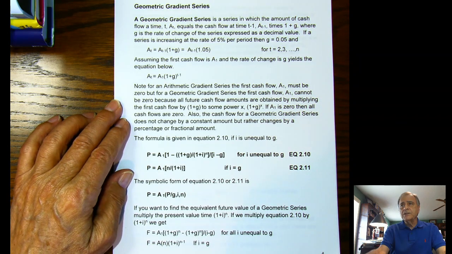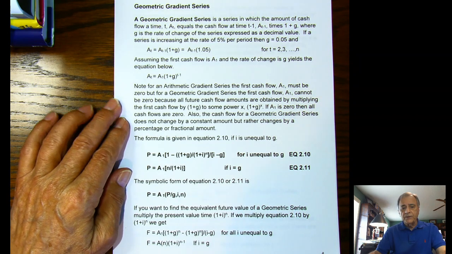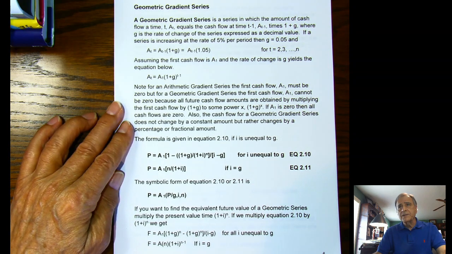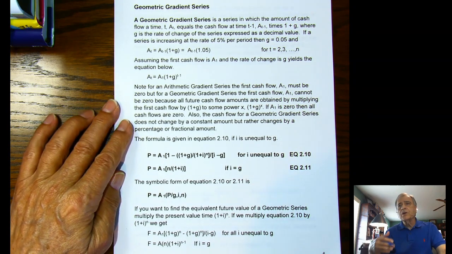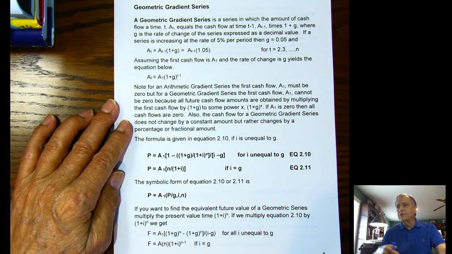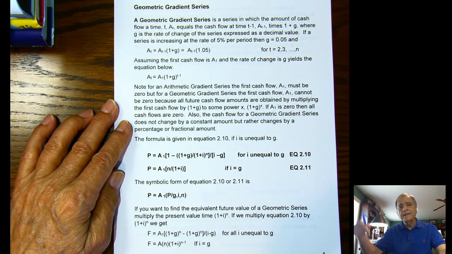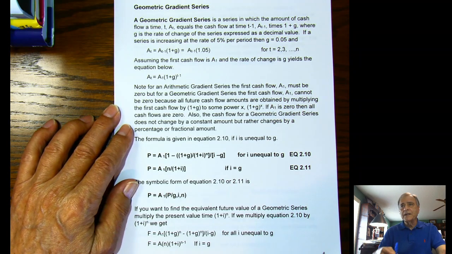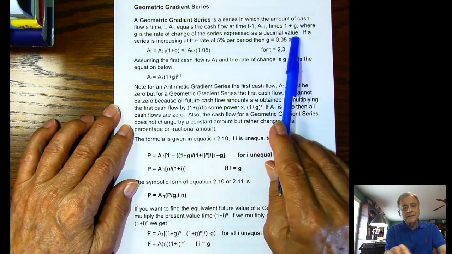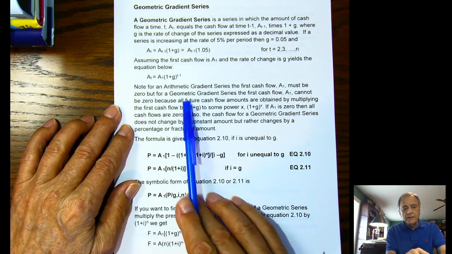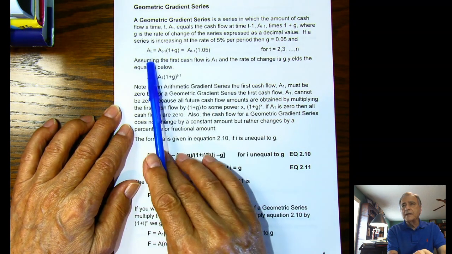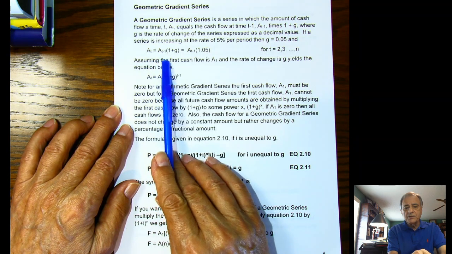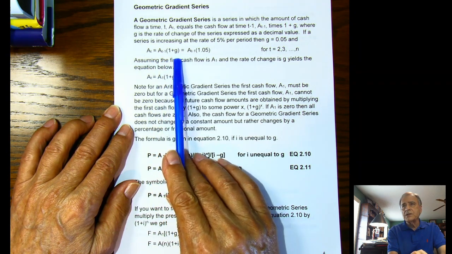And a geometric series is very different than an arithmetic series in that it functions almost like the future value of a present sum, (1 plus i) to the n, only it's actually (1 plus i) to the n minus 1. So it's not an i, it's a g. So the formula for the term number t, a sub t, is a sub t minus 1 times (1 plus little g).